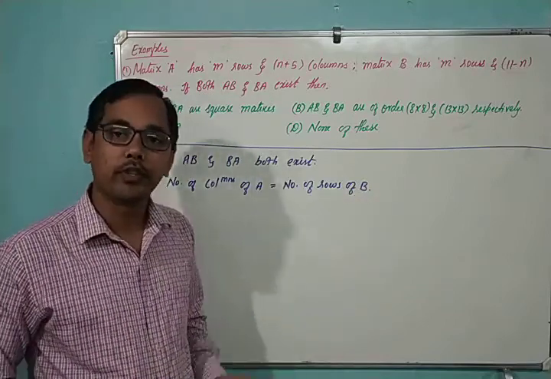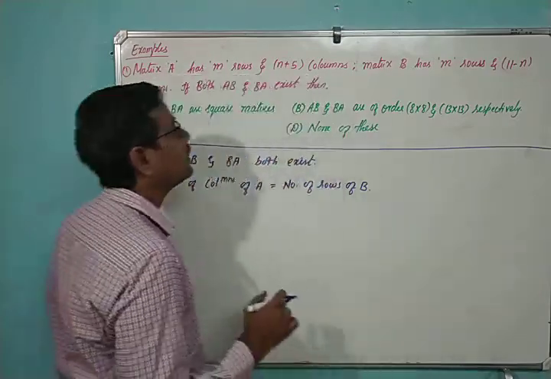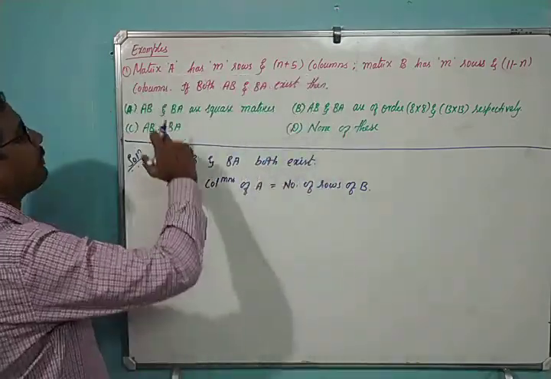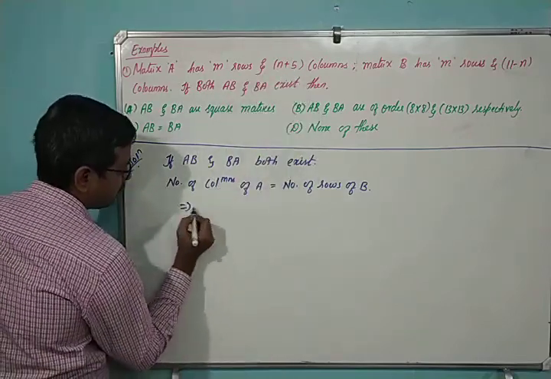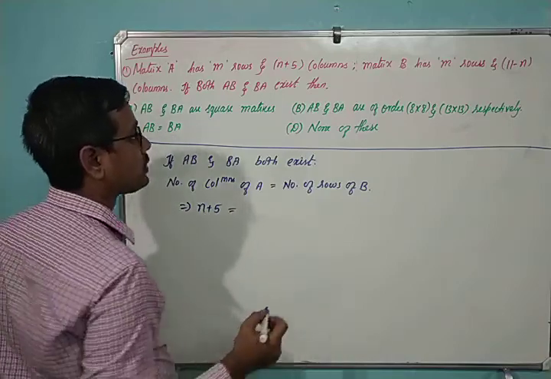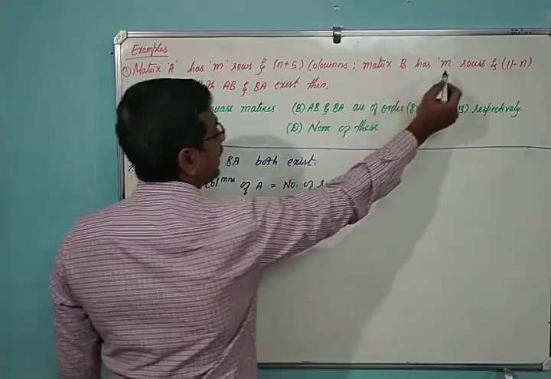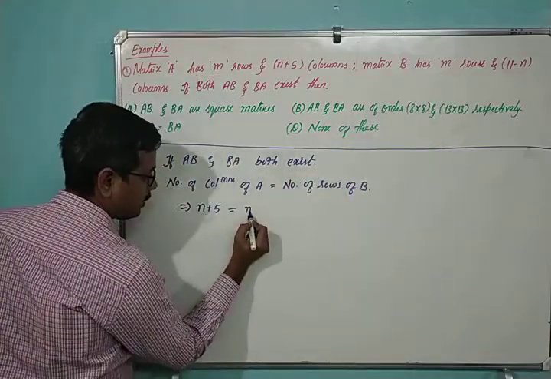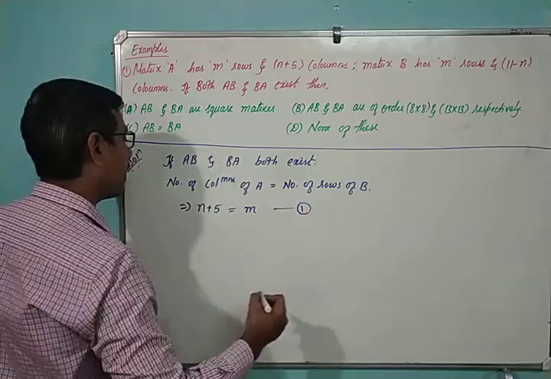If A into B is possible, number of columns of A should be equal to number of rows of B. Okay. So what is the number of columns of A? A is having n plus 5 columns. N plus 5 should be equal to number of rows of B, and B is having how many rows? M rows. Mark it as equation 1.